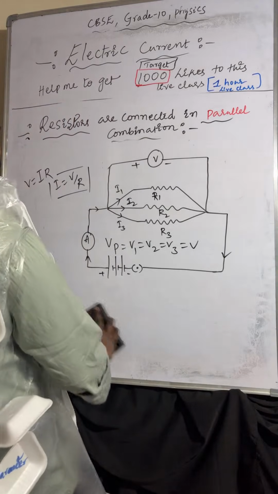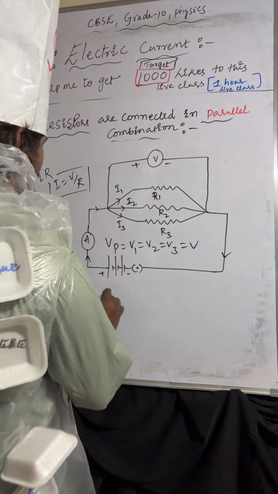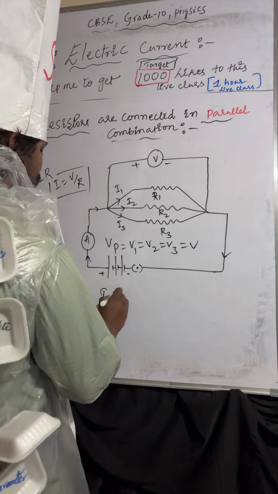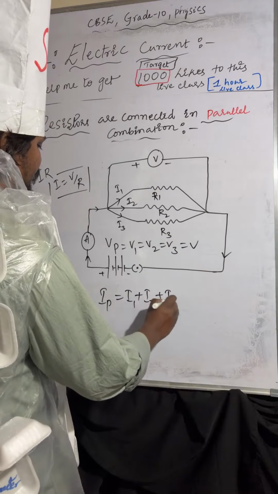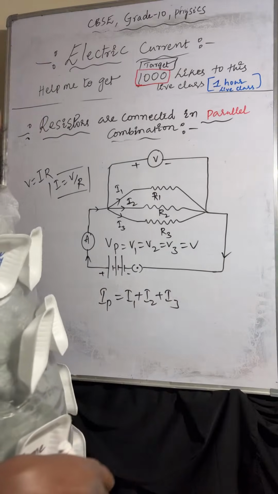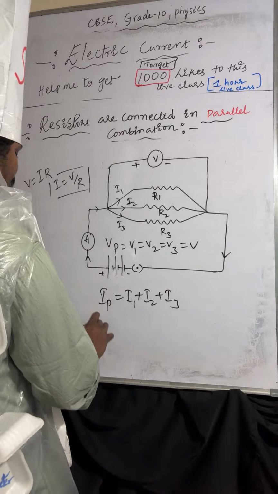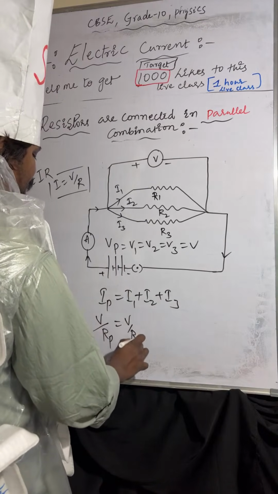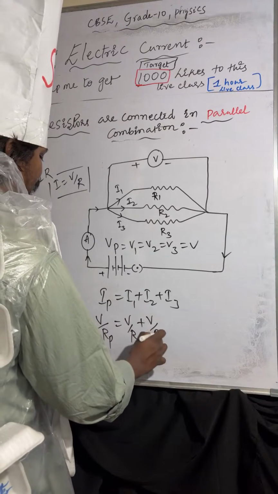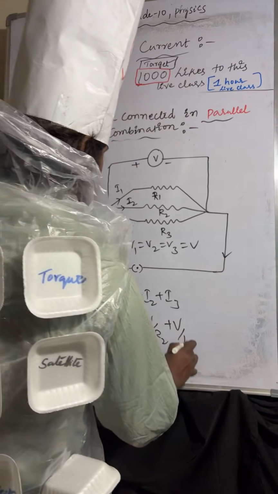Now we'll go to the current. Current IP equal to I1 plus I2 plus I3. That is nothing but V by RP equal to V by R1 plus V by R2 plus V by R3. Shall I take V common?